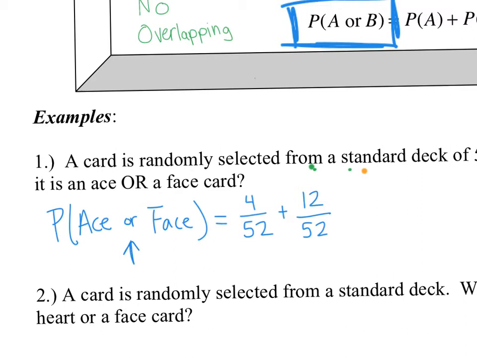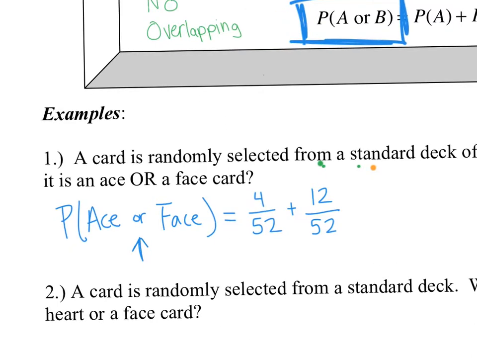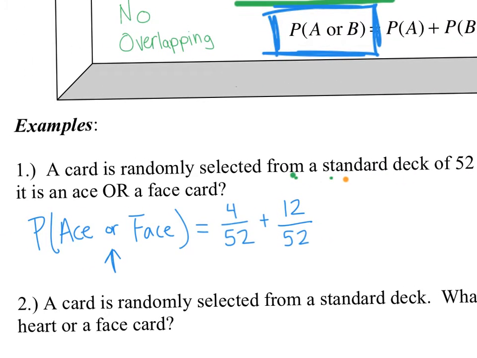So you don't have anything to subtract. So it's just going to be 4 plus 12, which is 16 over 52. If you want to reduce it, it would be 4 over 13.